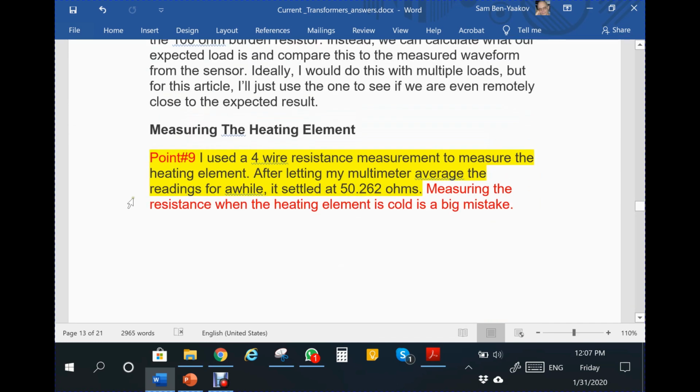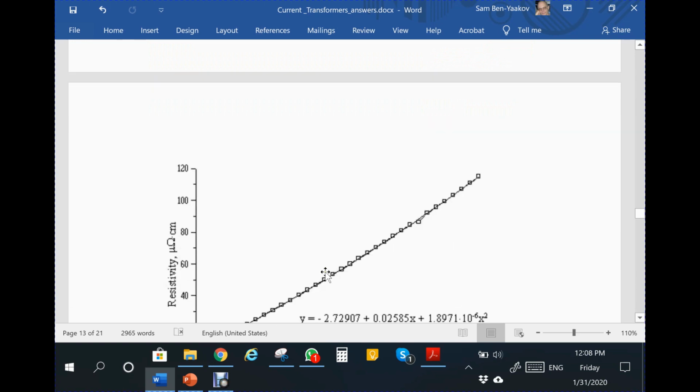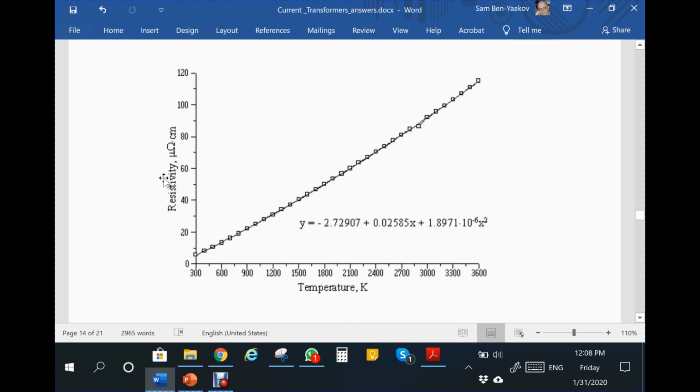The measurement was made of the heating element while it is cold. Now, as we know, every conductor is temperature sensitive, and let's assume that the heating element is tungsten. It probably is. Here we see the resistivity of tungsten as a function of temperature.